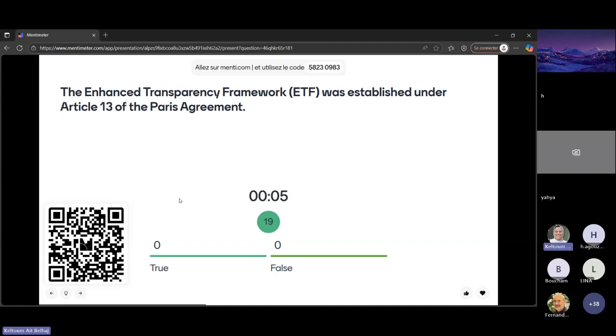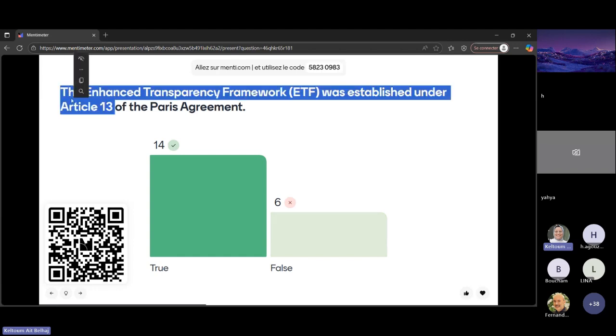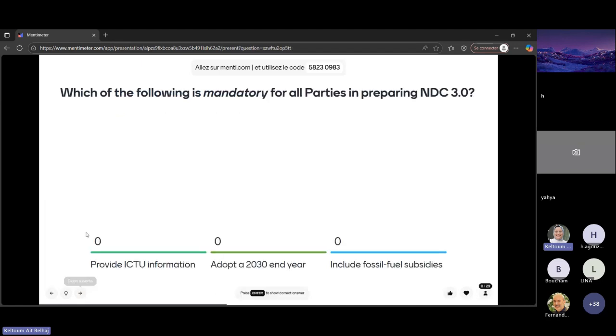All right, 7, 6, 5, 4, 3, 2, and 1. True. It's Article 13. The Enhanced Transparency Framework is under Article 13 of the Paris Agreement, and then NDC is under Article 4 and Article 6, Cooperative Approaches and Carbon Markets.